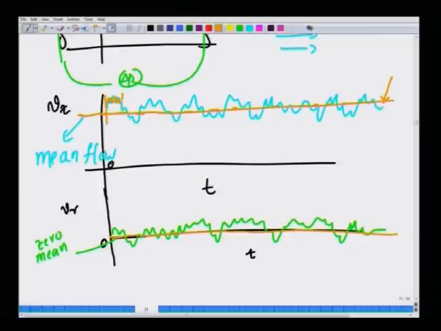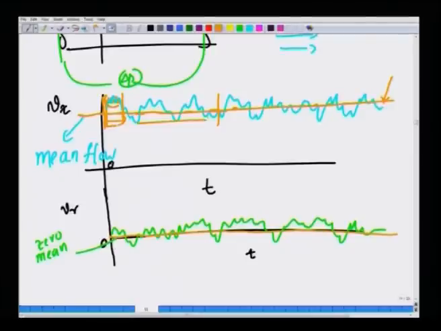Suppose you average only over a short time, obviously you won't find the time average to be the same as this orange mean, but if you were to average over a sufficiently long period, where there is equally likely probability of the velocities to be on both the positive and negative side of the mean, then of course you will have a reasonably well behaved mean, which is independent of time.